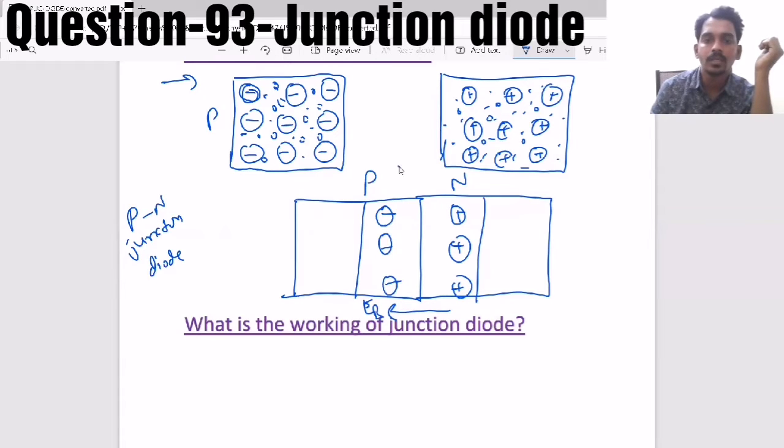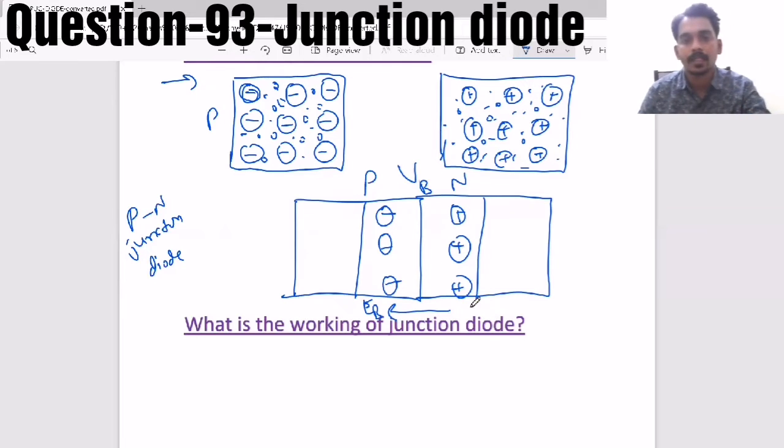There is a potential difference, the barrier potential, and that resists the charges from crossing the junction, so no conduction will happen here. That is called the depletion region, and that potential is called the barrier potential.